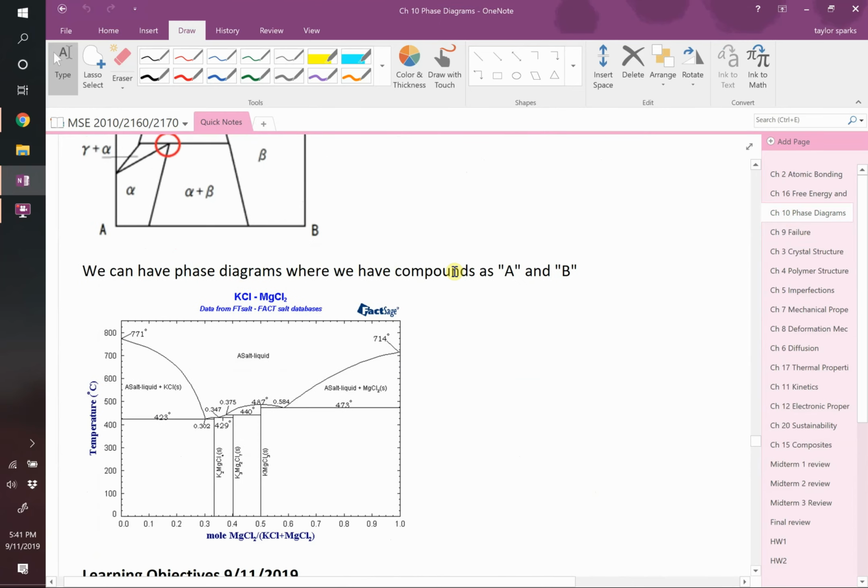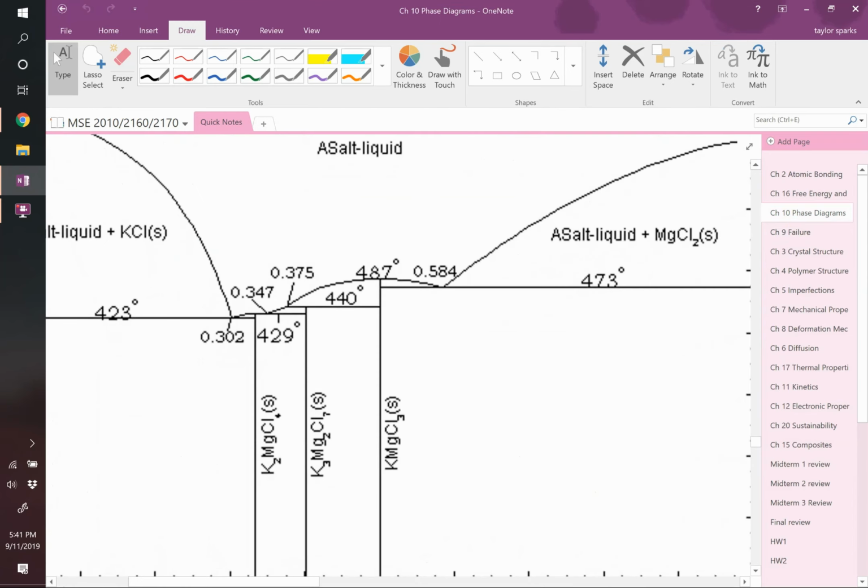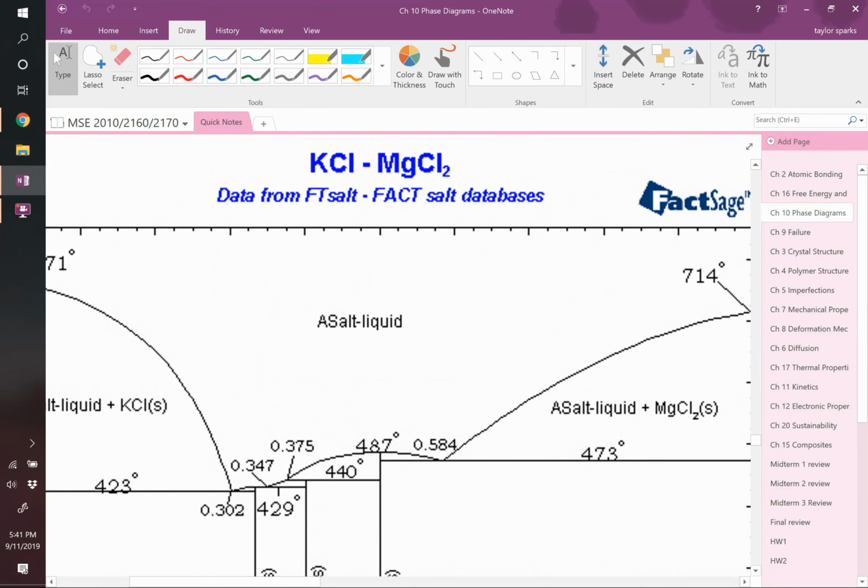An incongruent versus a congruent melting can be seen pretty well in this diagram right here. A congruent melting compound goes from one pure solid to one pure liquid without changing composition. Do we see that happening? How about right here? This line compound turns into a liquid without changing composition. It also happens right here.